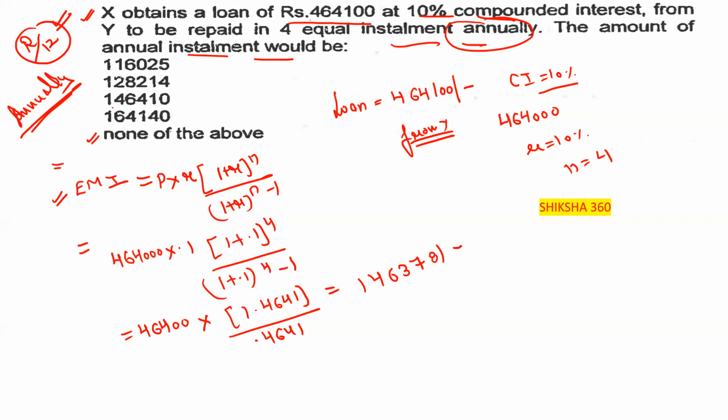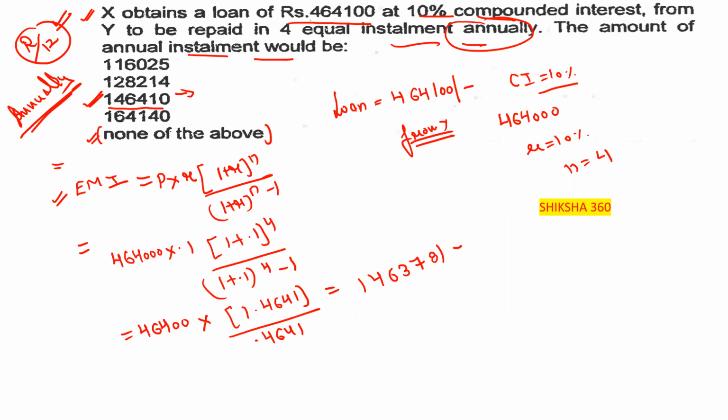If in the question they have not given none of the above, then we will go with this answer, as it is approximately near to that. Because in the examination very rarely do they give none of the above, so we will take this option.